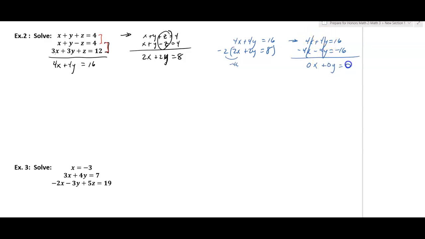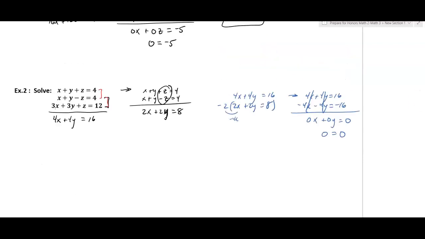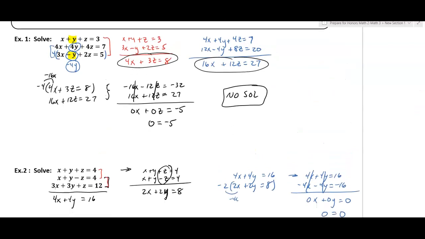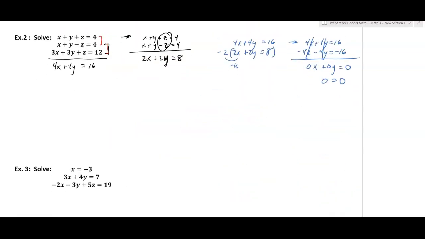Now when I add these vertically, x's eliminate, and look what happens here. The y's eliminate, and I get 0 equals 0. So basically, up above, everything eliminated, nothing to solve for, but I ended up with a false statement at the end. What did that give me? No solution. Here, 0 equals 0, a true statement, no variable to solve for.